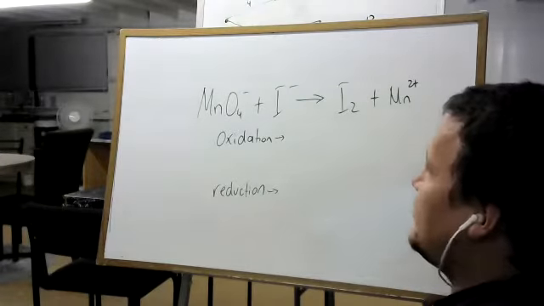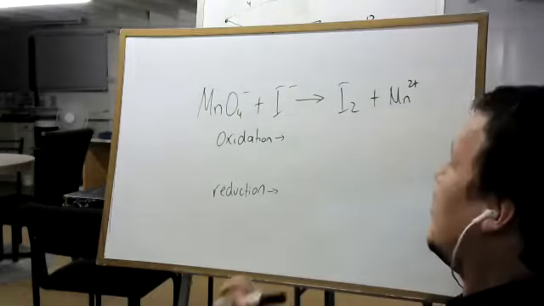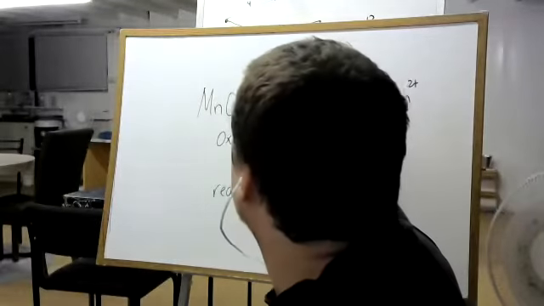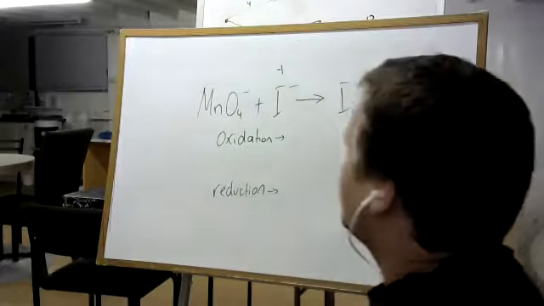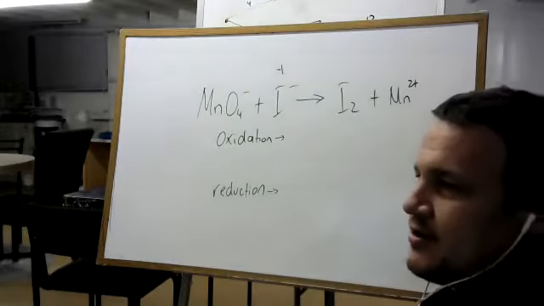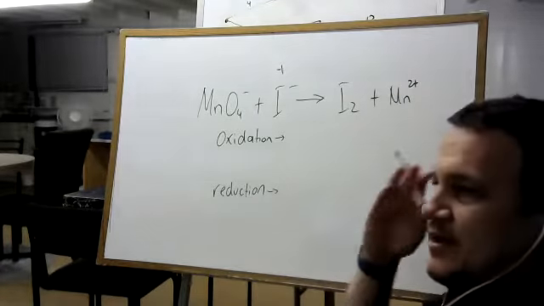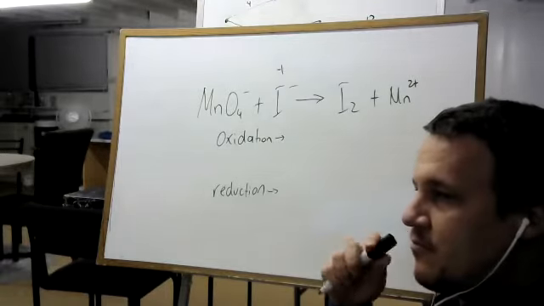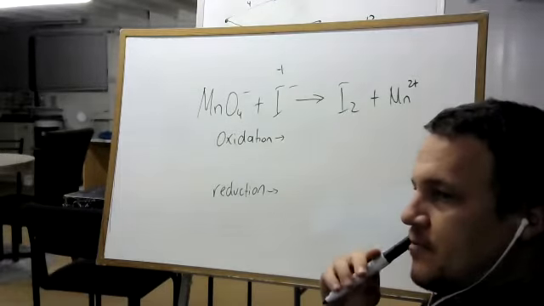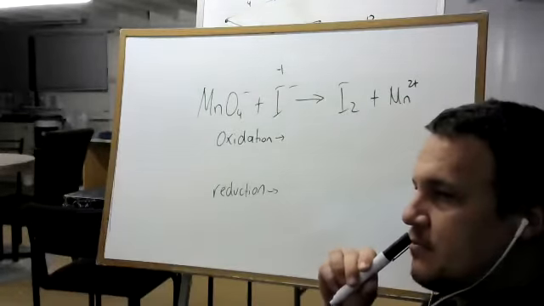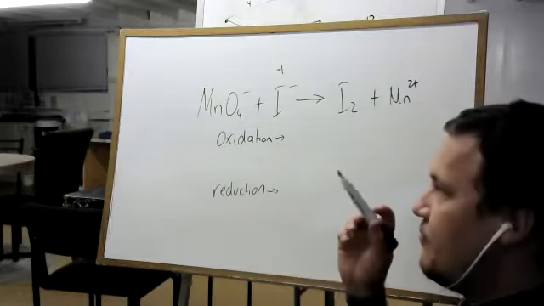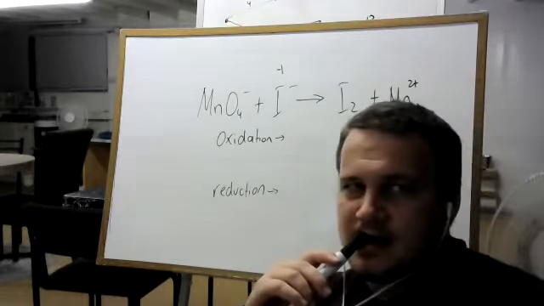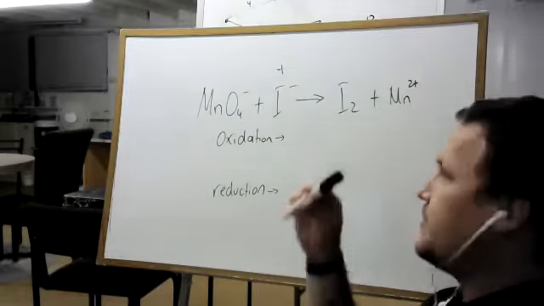So what's the oxidation state of iodine here? It tells us it's -1. What's the oxidation state of iodine in its elemental form? It's going to be 0.